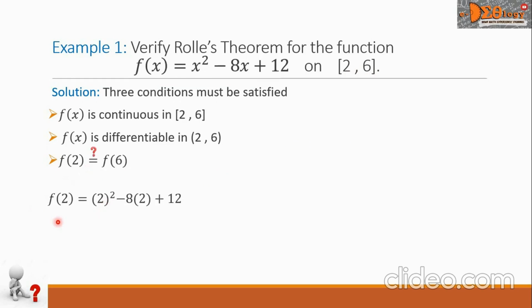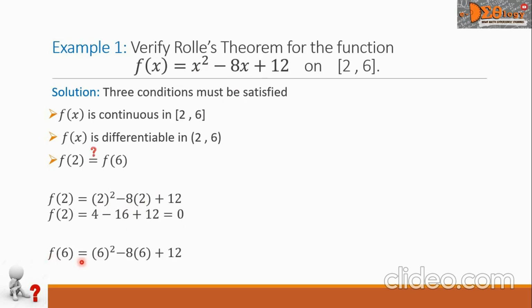Let's begin with f of 2. So this is equal to 2 squared minus 8 times 2, then plus 12. The 2 squared is 4, minus 8 times 2 is 16, plus 12. If we simplify this, this is equal now to 0. Next is the f of 6.